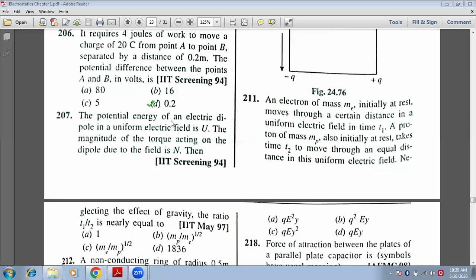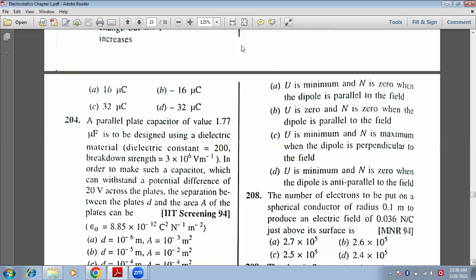The potential energy of an electric dipole in a uniform electric field is U. The magnitude of the torque acting on the dipole due to the field is N. Then option A, U is minimum and N is 0 when the dipole is parallel to the field. Option B, U is 0 and N is 0 when the dipole is parallel to the field.